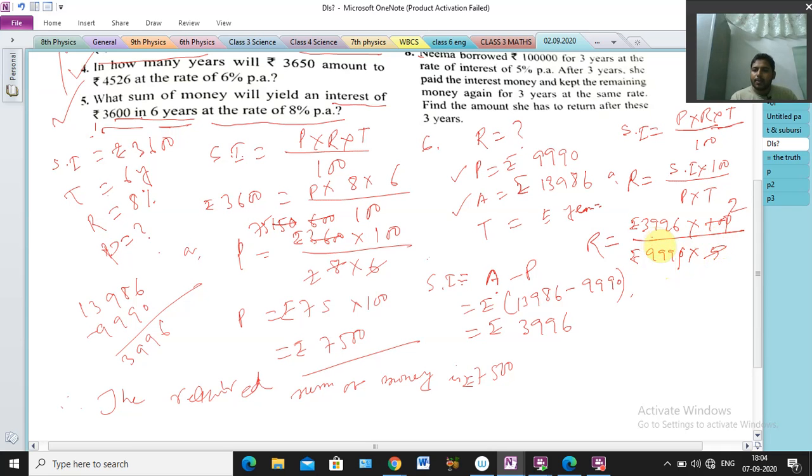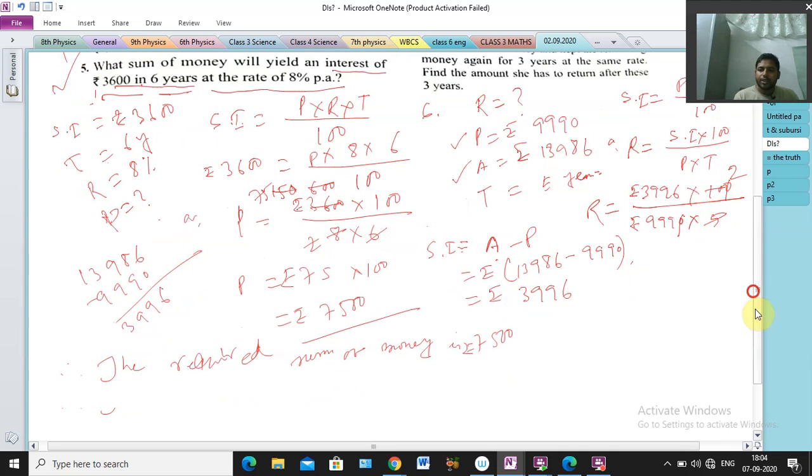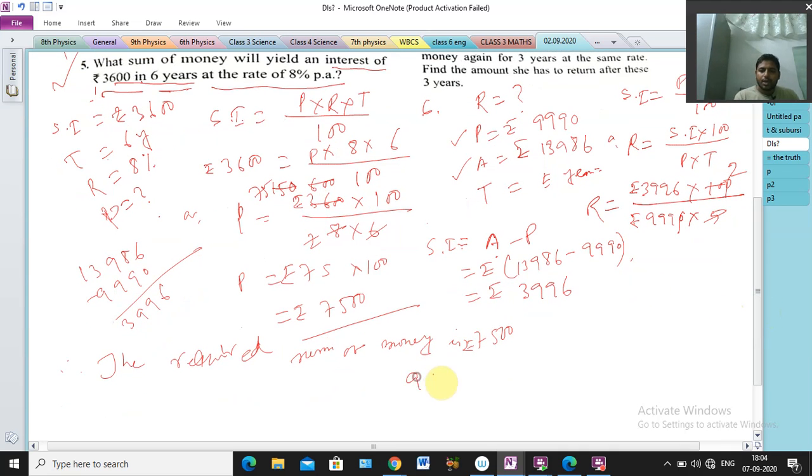And here see 2 and 990 not possible. We can do one thing. 999 4, 3,996. I think maybe just do multiplication. 999 multiply by 4.